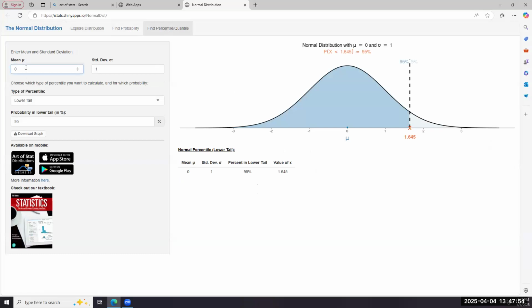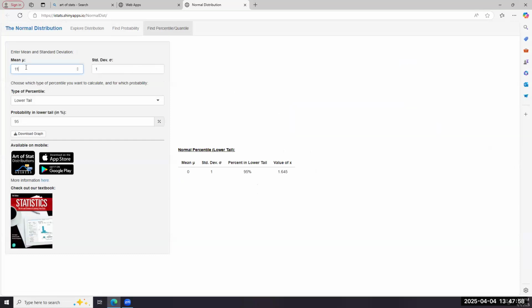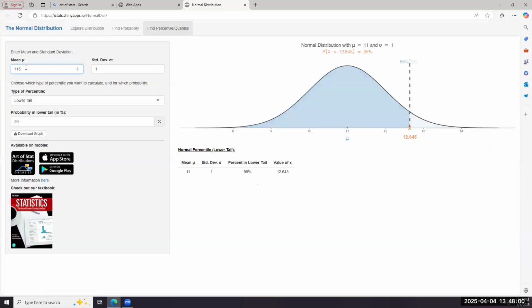The mean was 115, and the standard deviation is 12. What you want is the one to the left, the lower tail. The lower tail or the upper, it doesn't matter. If you go with the lower tail, the area to the left, this would be 70%.